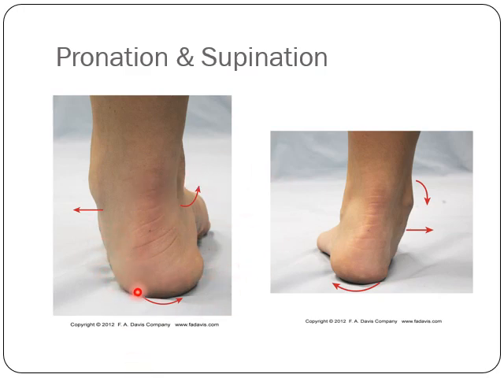Now if we look over here, this is closed chain supination. The motions associated with closed chain supination: you now have dorsiflexion and foot abduction, and the abduction is going to occur with the talus on the calcaneus. This is a different orientation versus the open chain position. You're also going to have inversion at the calcaneus.